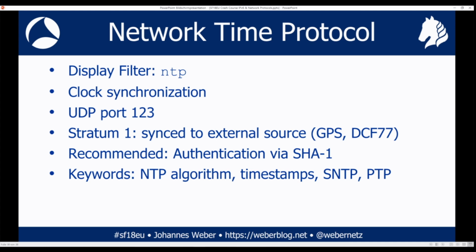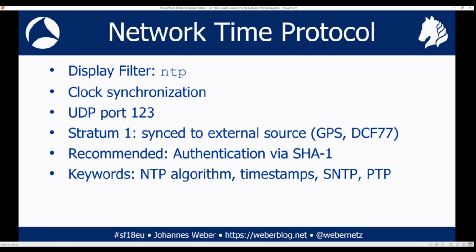So the recommendation is authentication with SHA-1. No one really does this. However, I have a couple of enterprise customers that are using NTP in a completely insecure manner. They simply use servers, and you have typed in pool.ntp.org, and you're fine.